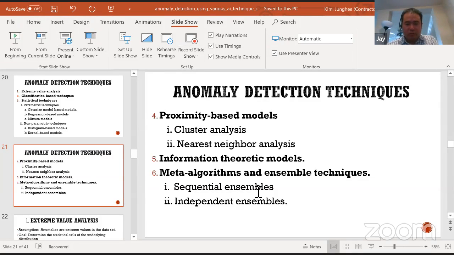There are many different statistics which can be used for outlier detection. And also meta-algorithms and ensemble techniques, something like sequential ensembles or independent ensembles. This one is based on time, but this one is not. Something like random forest or XGBoost can also be used to detect anomalies.